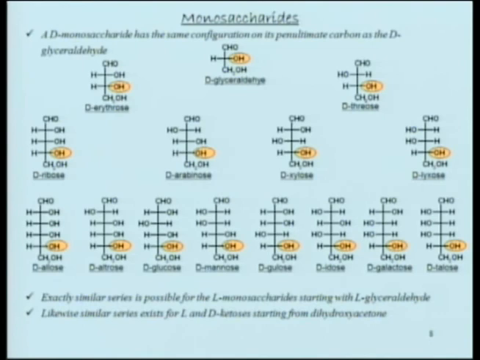Okay, so if you had L-glyceraldehyde, and you had added that carbon and that carbon, you would have obtained L-erythrose, L-threose. Yeah?